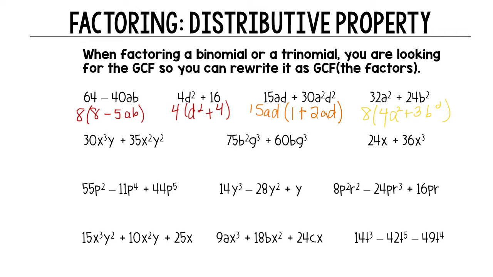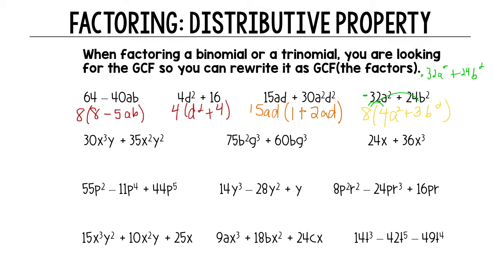To check this, I'm going to redistribute. 8 times 4A squared is 32A squared, and 8 times 3B squared is 24B squared. This and this should be the same, and they are.